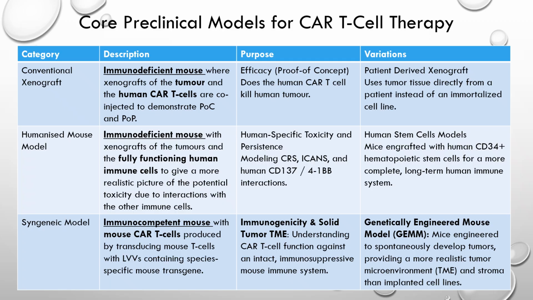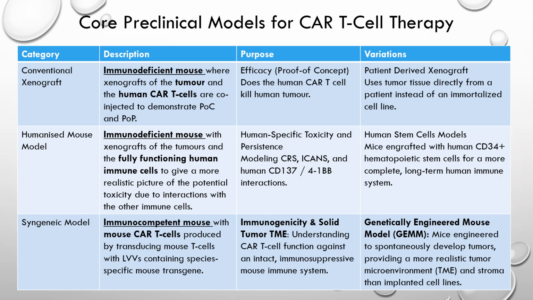Now, the next one is syngeneic models. So these are immunocompetent mouse, where we have a specific analog of the drug. So you have these mouse CAR T cells that have been transduced with lentiviral vectors containing a specific mouse transgene. And here we're looking at genetically engineering certain mice to spontaneously develop tumor microenvironments, and then we can understand the interaction between our drug and the tumor microenvironment.